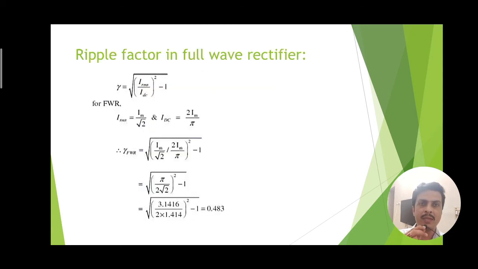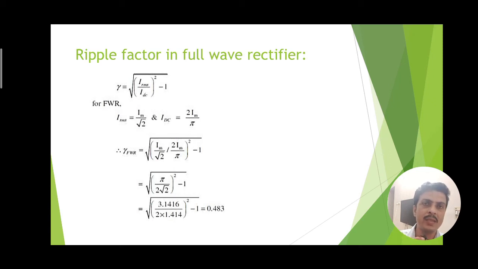So gamma is the ripple factor, as we already have discussed. It is the ratio of the AC current to the DC current. Therefore, AC can be represented as the square of the RMS minus the square of the DC, and the square root has to be taken on the result.